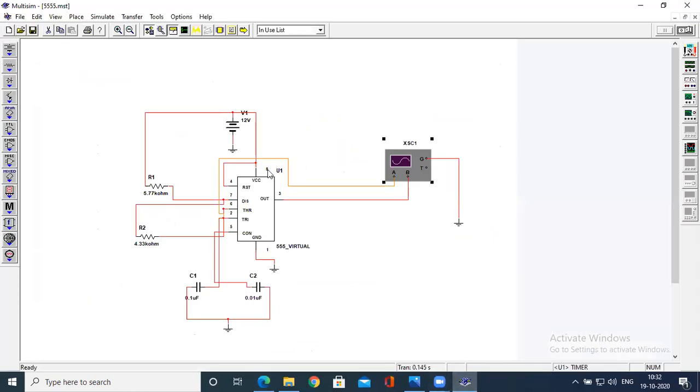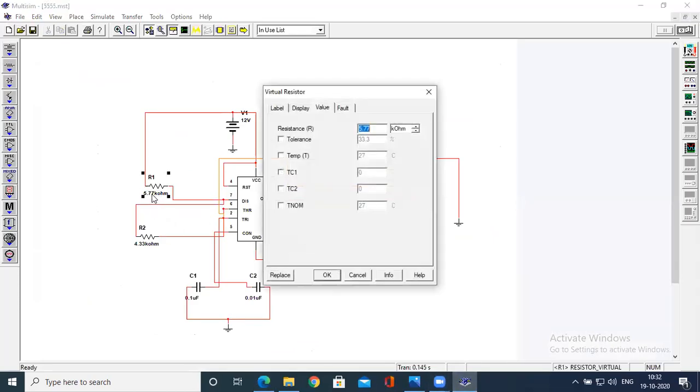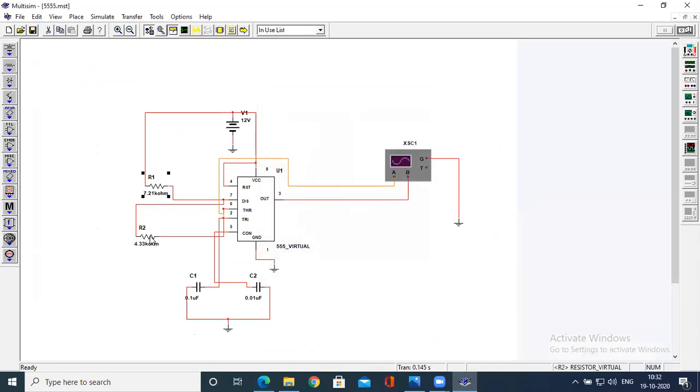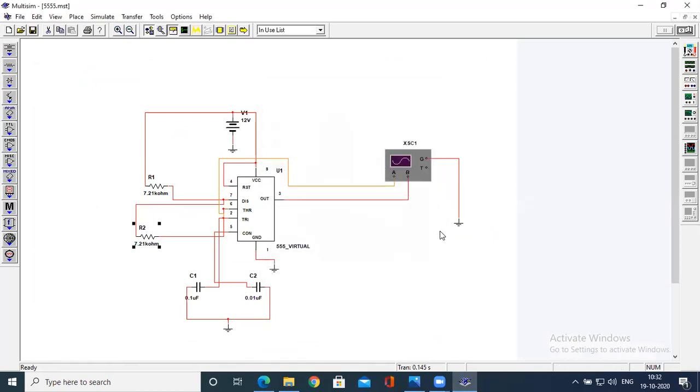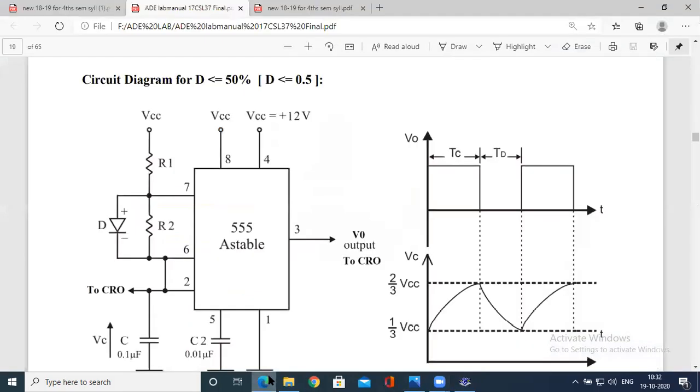First, let me change the resistor value to 7.21 kilo ohm. Even this resistor value, 7.21 kilo ohm. Fine. Then what you have to do? You have to bypass this with the diode.